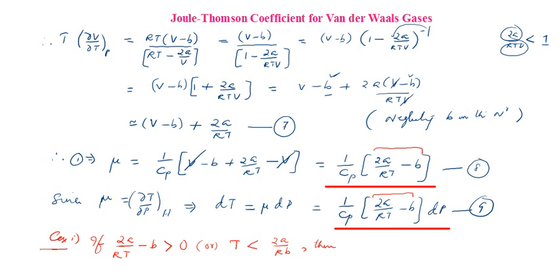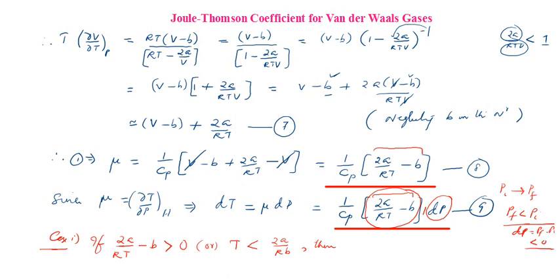See, this term is taken to be positive, and you know in the throttling process dP is always negative, because in the throttling process the gas is moving from high pressure to low pressure. So PF is always less than PI. Therefore dP, which is equal to PF minus PI, is always negative for the throttling process.